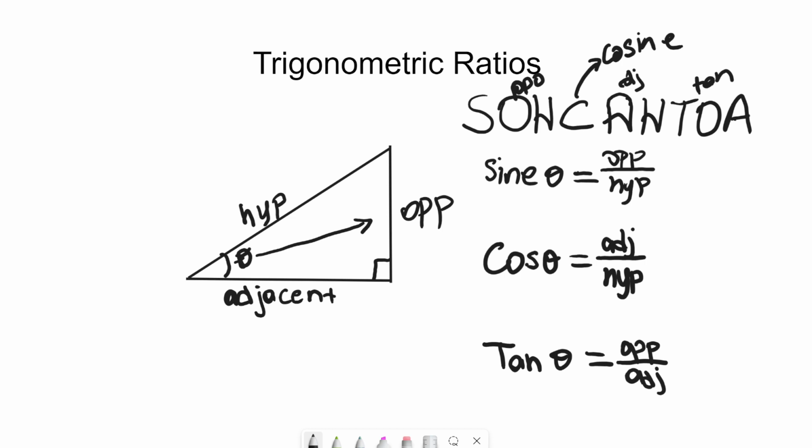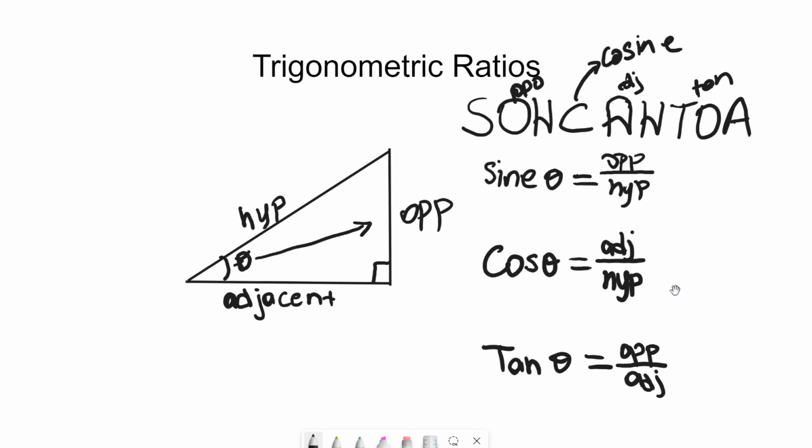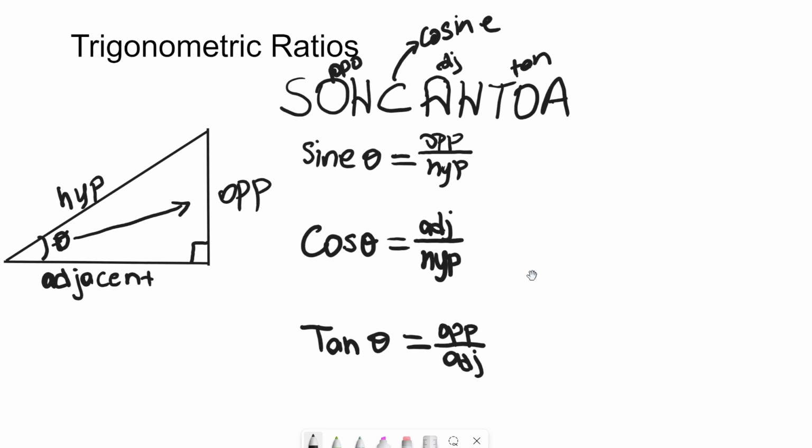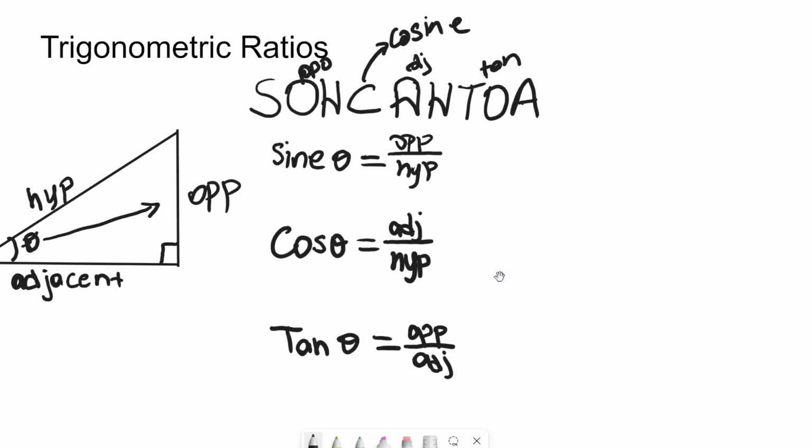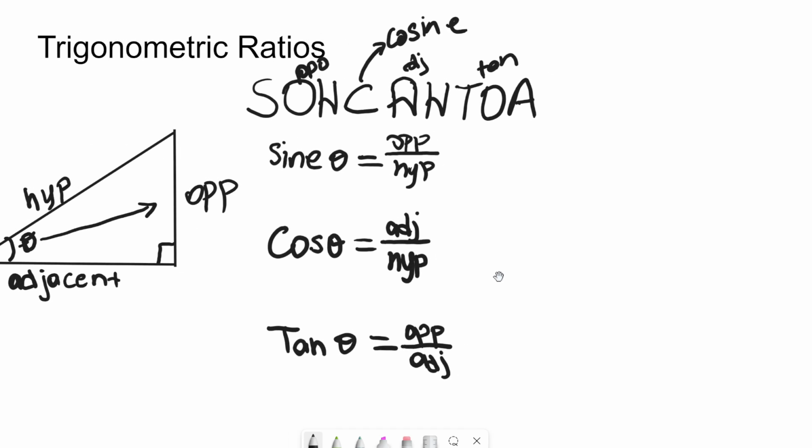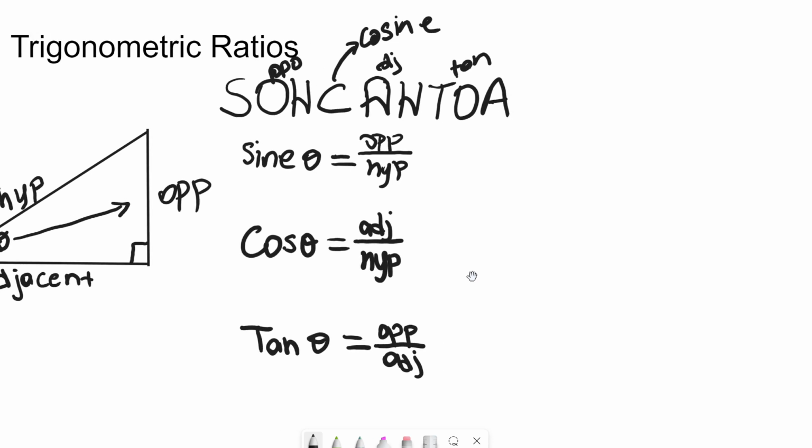Now, most times these trigonometric ratios come in handy when we are dealing with the unit circle, right? We've looked at the unit circle and derived it before. But let's look at the importance of this right triangle inside the unit circle as it relates to the different sides.